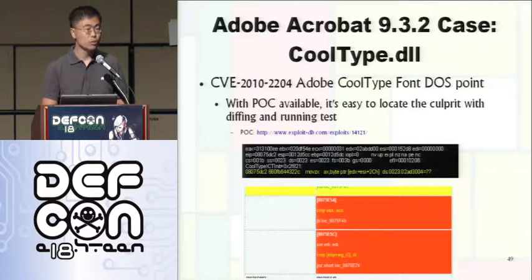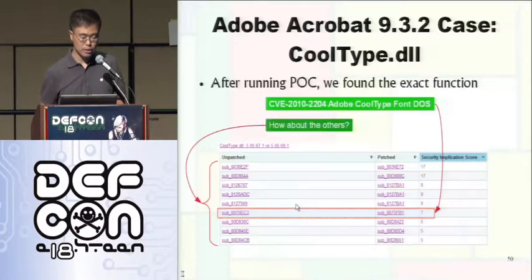I used a Cool Type example here, and it created more than 20 or 30 entries. Actually, they said they patched just one vulnerability, CVE-2010-2204, and I used some public exploits out there, and I pinpointed the exact function that was patching that problem.